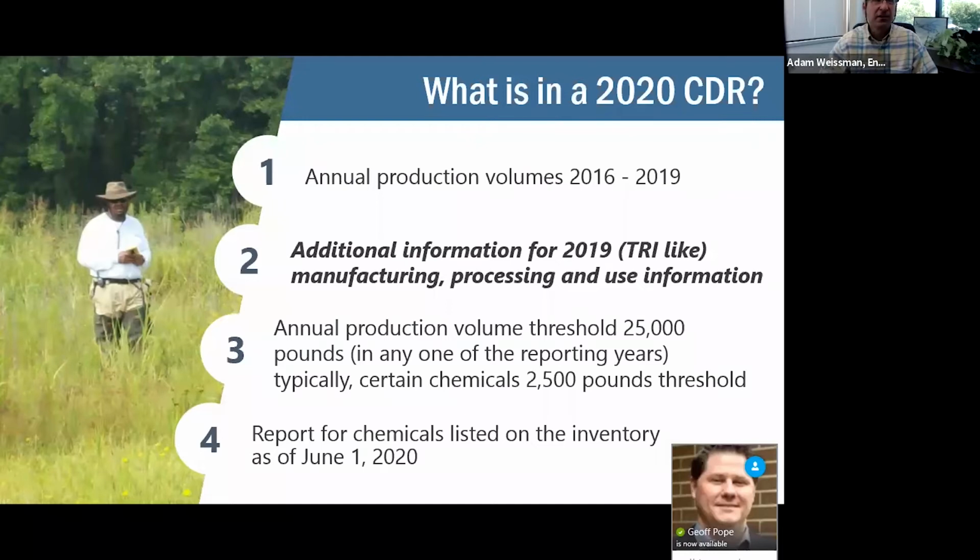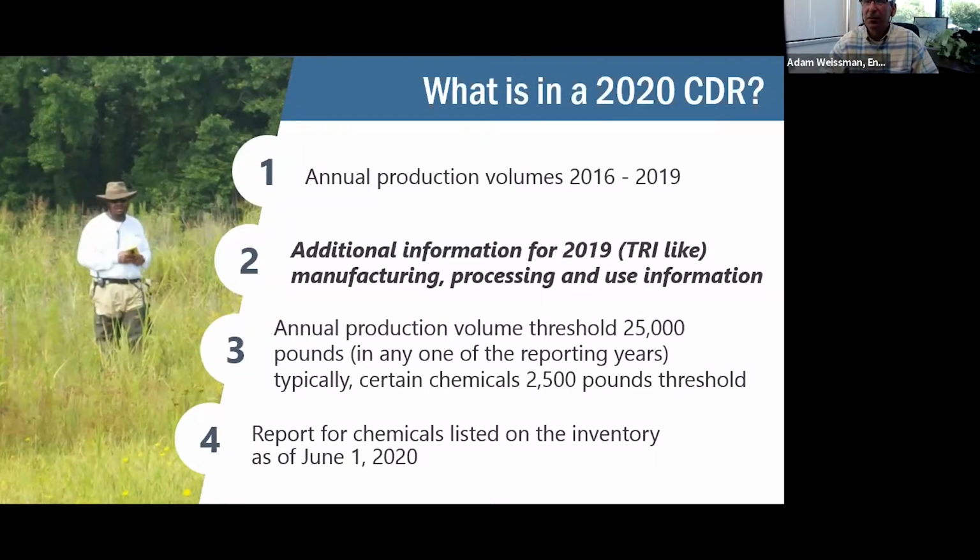Again, this is a 2016, 17, 18, and 19 report cycle. Those are the 4 calendar years. There is some additional information. I will identify it as TRI-like information about manufacturing, processing, and use for the 2019 calendar year.